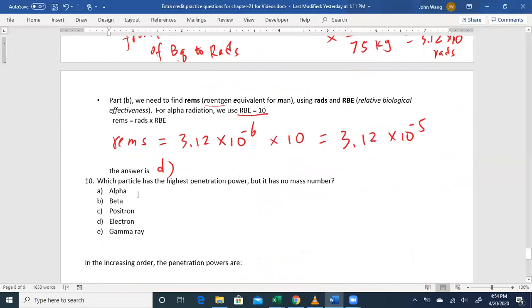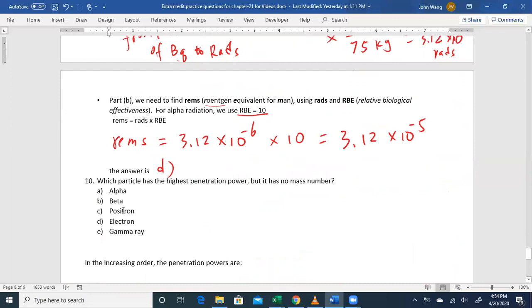All right, so the last question is which particle has the highest penetration power but has no mass number? Alpha particle has a mass number. Beta, positron, electron, gamma ray, they all don't have a mass number.